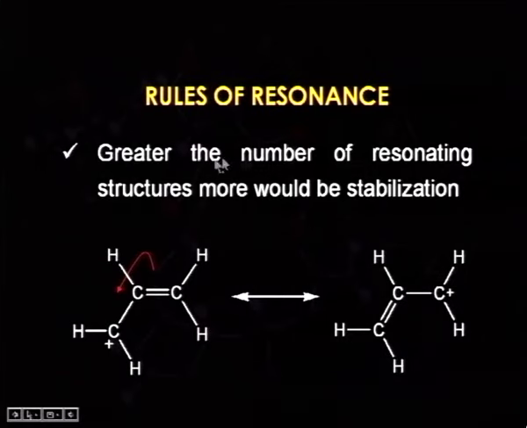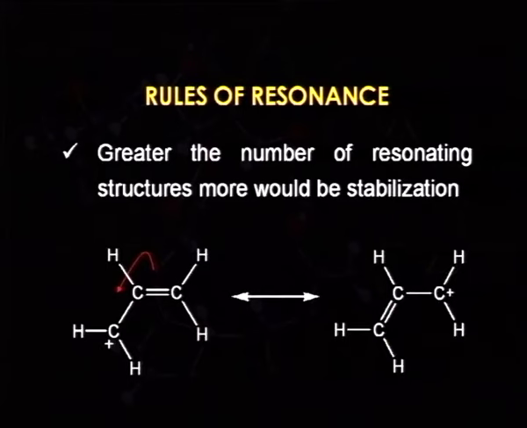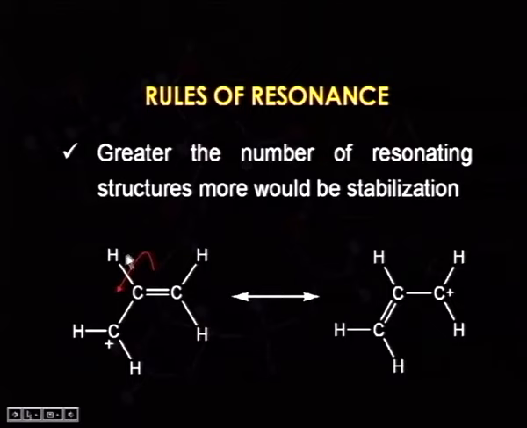This is a very important rule: the greater the number of resonating structures, the more the stabilization. Here we can compare the stability of various ions, like we have tried to compare the stability of the allyl carbonium ion with the stability of the benzyl carbonium ion. This is the structure of the allyl carbonium ion.